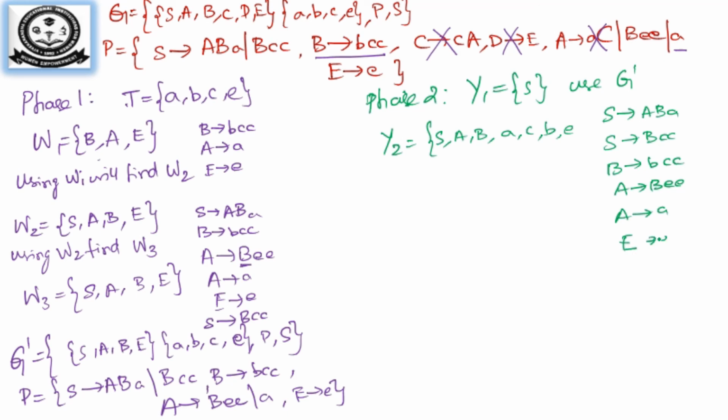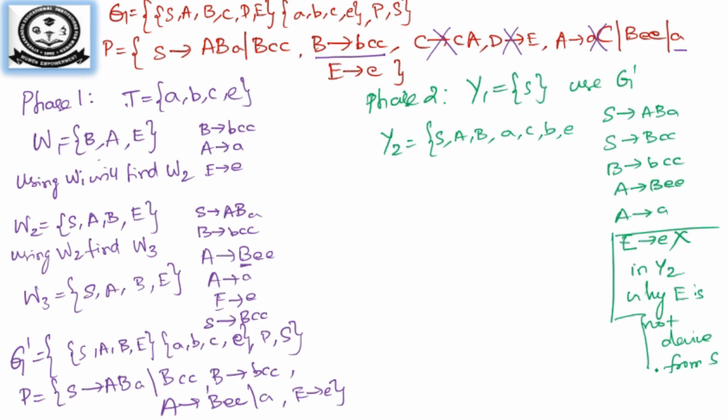E is not included in Y2. Why? Because E is not derived from S, so it is not included in my process.